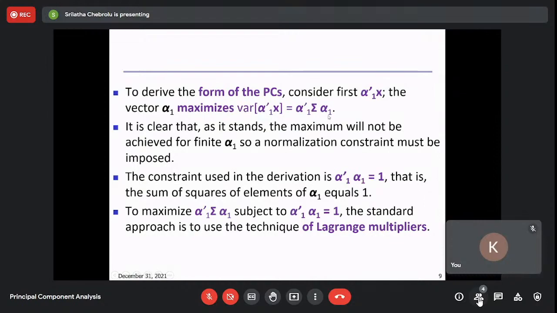So our objective is to find principal component 1, and to find it, it has to maximize the variance.